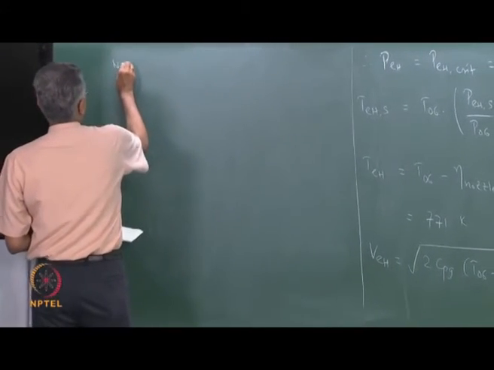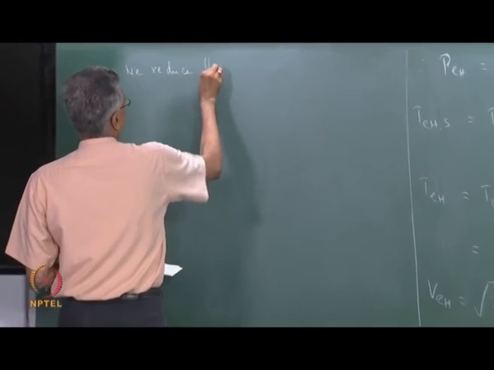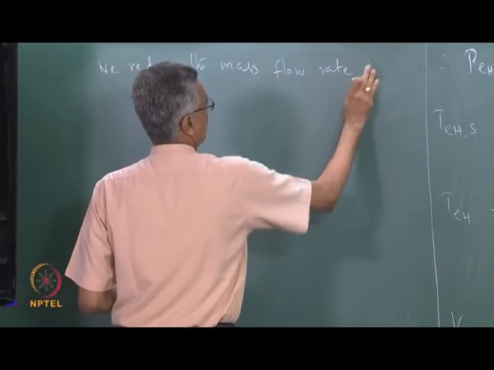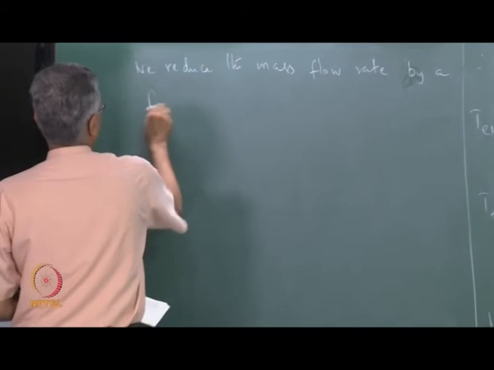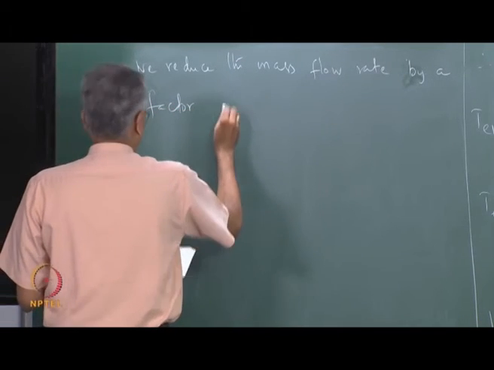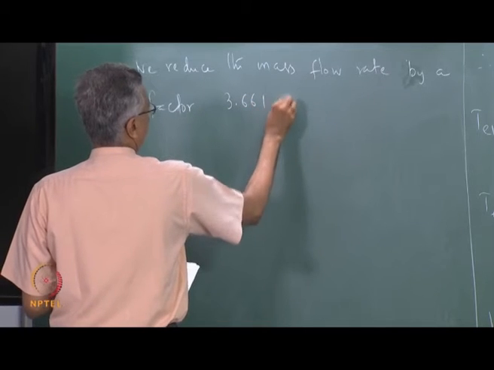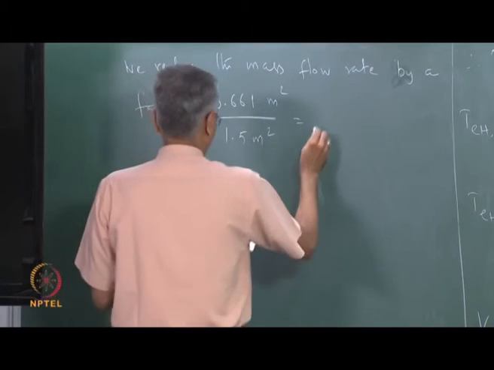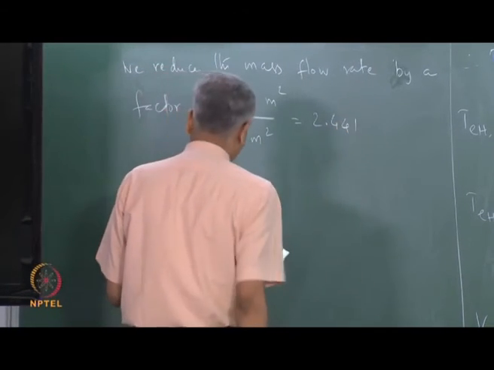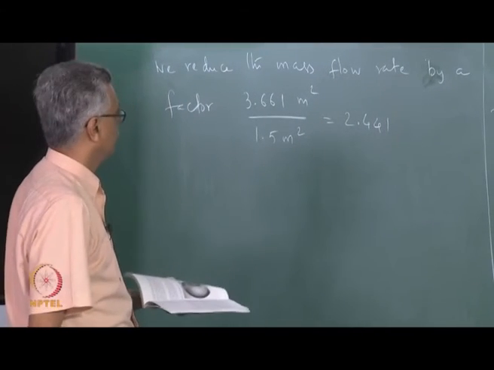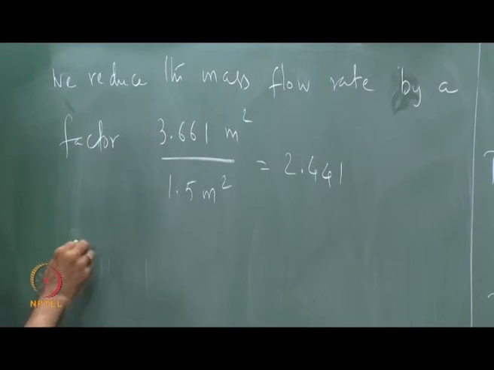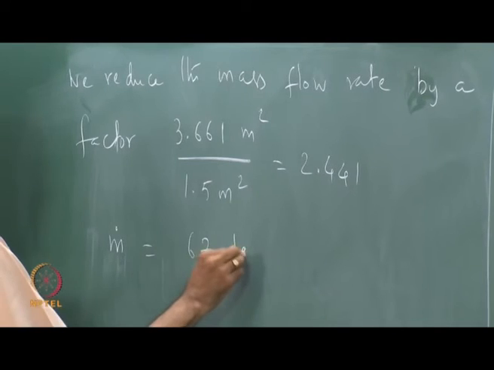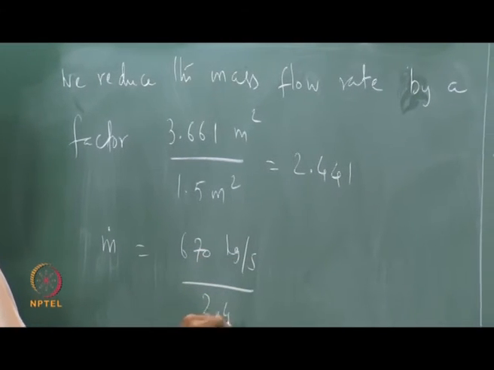So we reduce the mass flow rate by a factor of 3.661 meter square divided by 1.5 meter square, which gives me about 2.441, which means m dot is equal to 670 kg per second divided by 2.441.